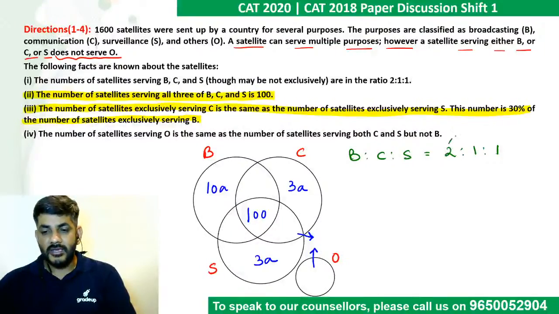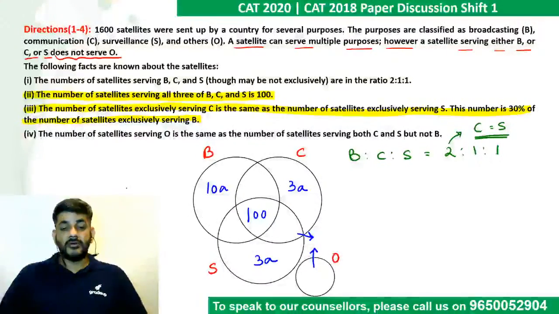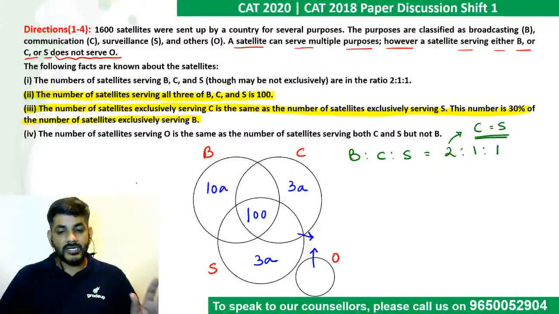So doesn't that mean that the number of satellites serving C and S are the same? I hope you are getting this, because C and S are in a ratio of 1:1, so they should be the same, right? And if C and S are the same, what does that mean?